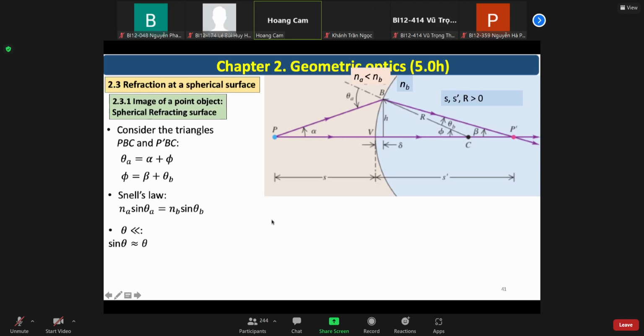When the angle is small, what you know from mathematics is that the sine and tangent of that angle are approximately equal to the value of the angle. But pay attention, the unit we use should be radians instead of degrees. So you can deduce nA times theta A equals nB times theta B from Snell's law.